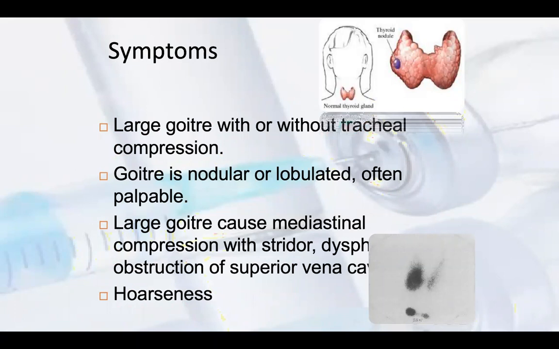Goiter is nodular or lobulated, often palpable. Large goiters cause mediastinal compression with stridor, dysphagia, obstruction of the superior vena cava, and hoarseness.